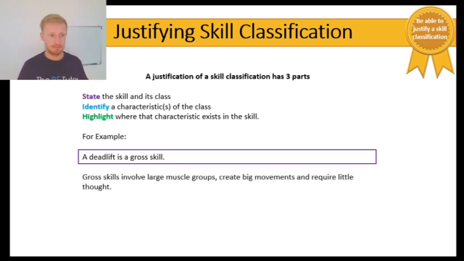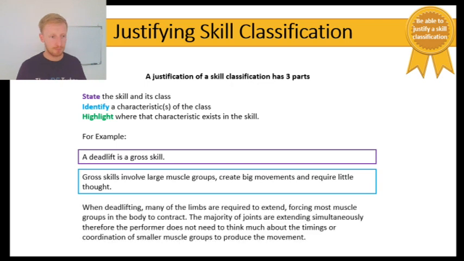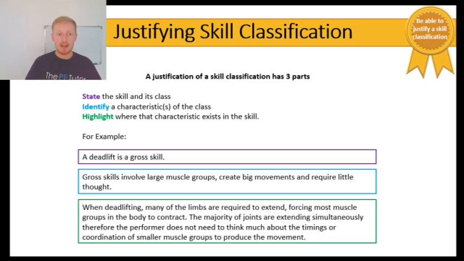I've stated it. Deadlift, gross. I've identified a characteristic of gross skill. Gross skills involve large muscle groups, create big movements, require little thought. So now I need to highlight what part specifically of a deadlift this sounds like. Well, when deadlifting, many of the limbs are required to extend. So from that crouch position up to that upright position, forcing most muscle groups in the body to contract. Large muscle groups.